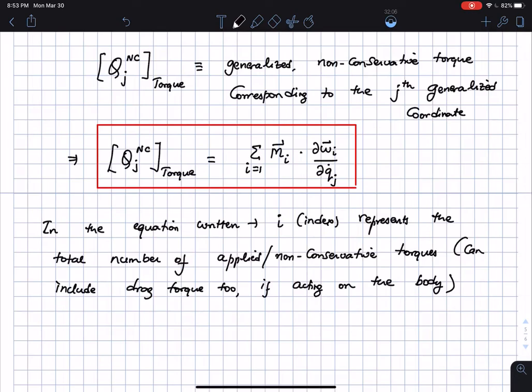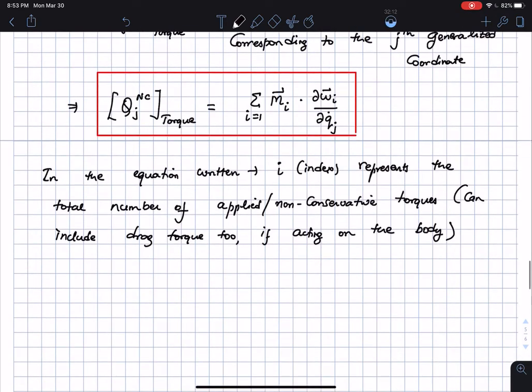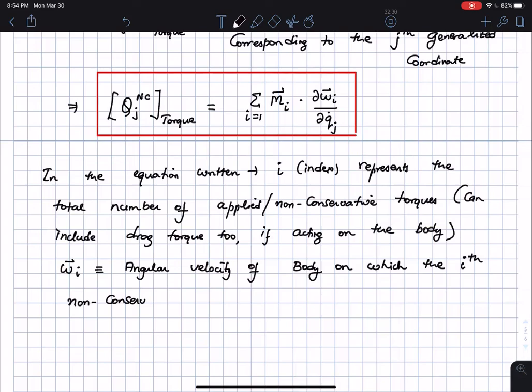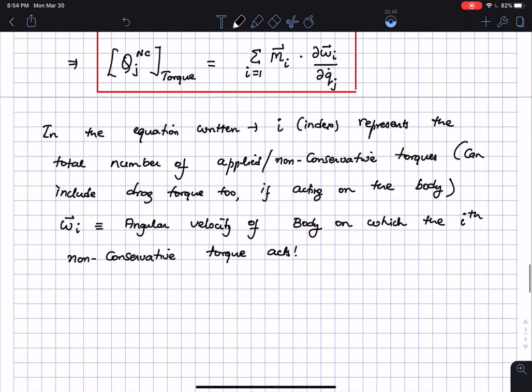Drag torque is nothing but a torque that resists the rotation of the body. Then omega I represents the angular velocity of the body on which the ith applied or non-conservative torque is acting. And qj dot is the time derivative of the generalized coordinate in our problem.